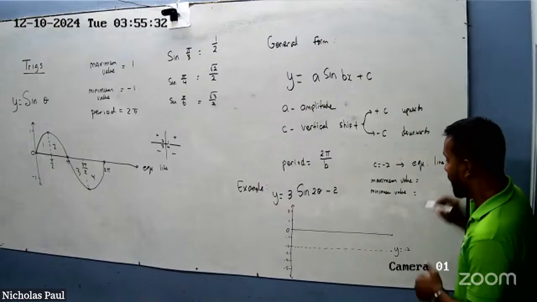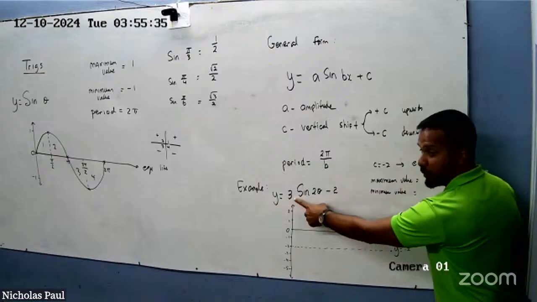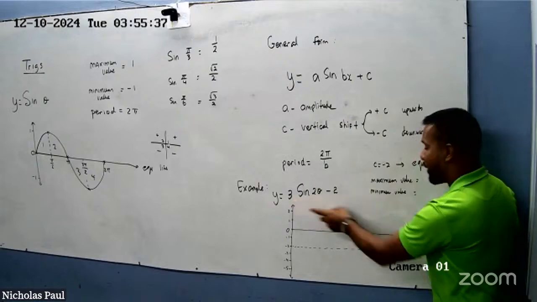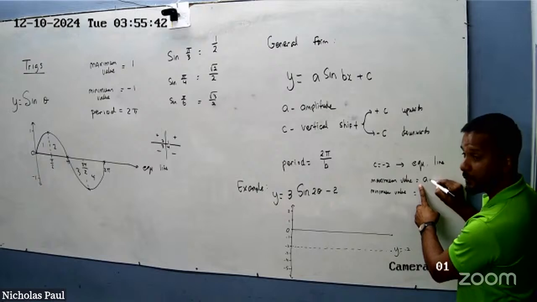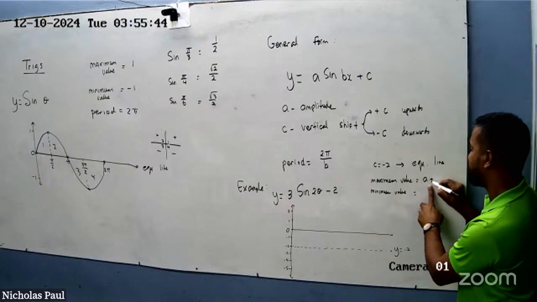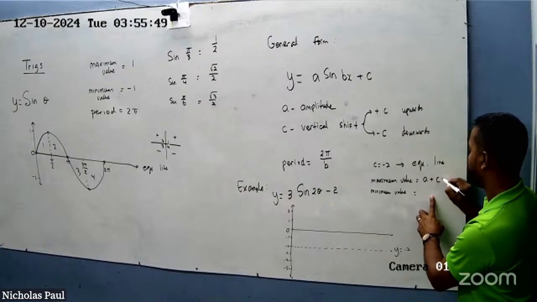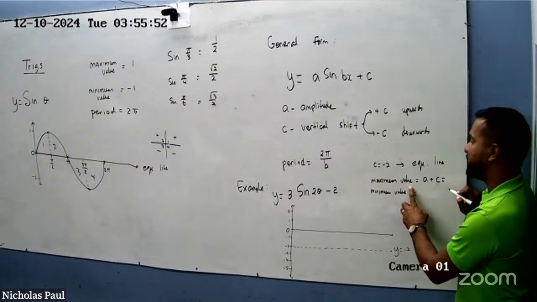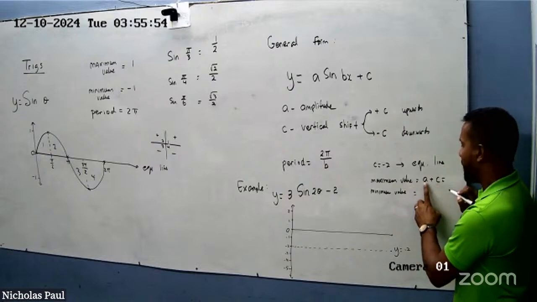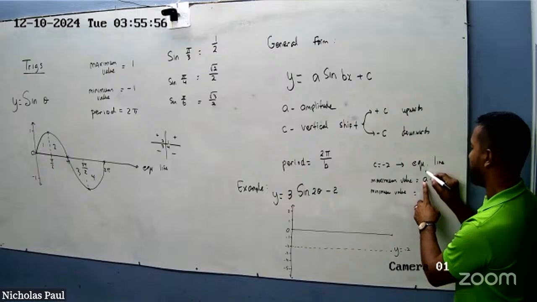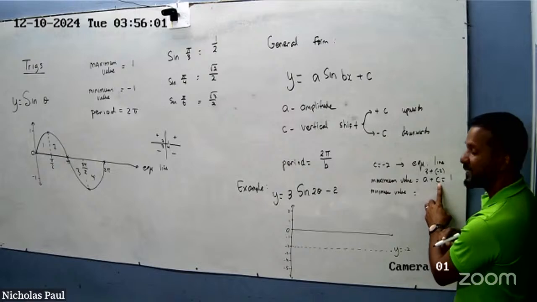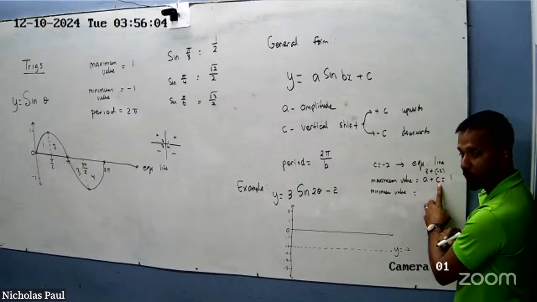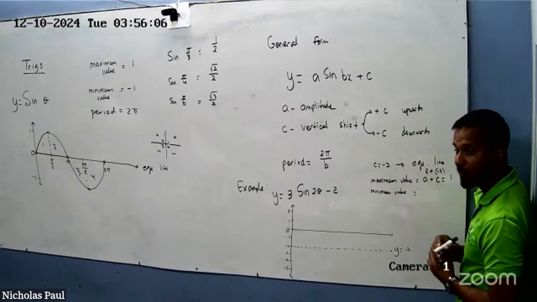We know what the amplitude is, so the maximum value is the amplitude, A, plus the shift, C. So your maximum value is A plus C. A is 3 plus C is -2, so our maximum value is 1. So your graph is going up to 1.